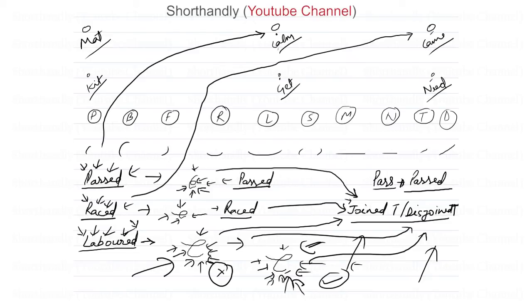So you can use either joined T or disjoined T to show that a word is in past tense, but you have to keep in mind that you should be able to identify the additional T. For example, take another word like tapered. If we use the joined T method, the word tapered will be made like this.